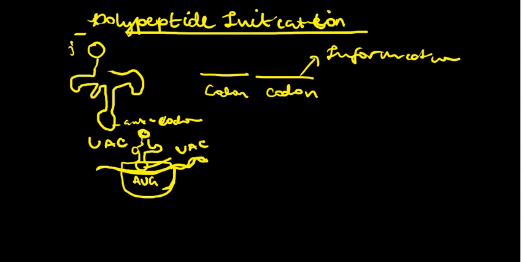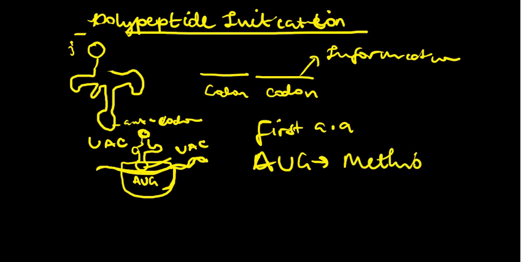So the tRNA is going to bind on this messenger RNA that's bound to a small subunit of the ribosome. The first amino acid to be translated, and this is very key, is AUG, which stands for methionine. We had spoken about the genetic code and how you can have more than one codon coding for one amino acid.